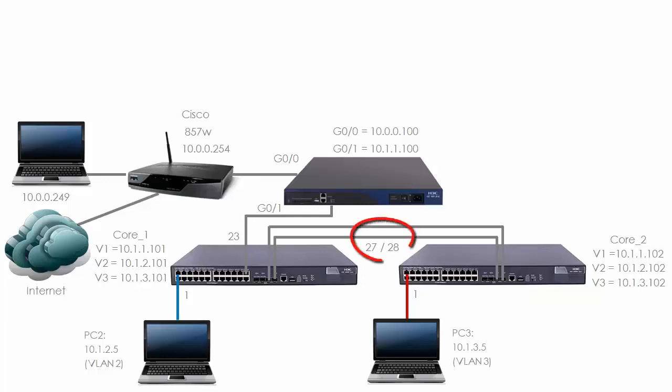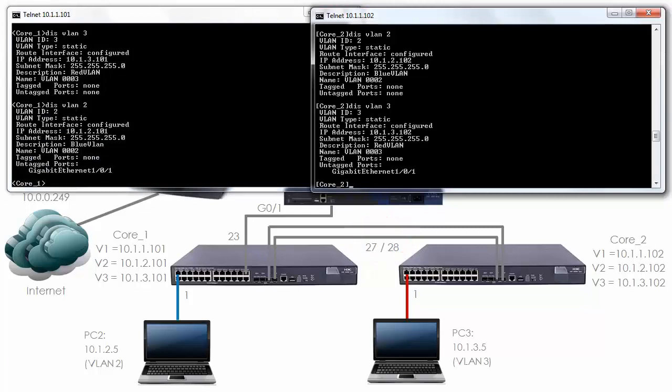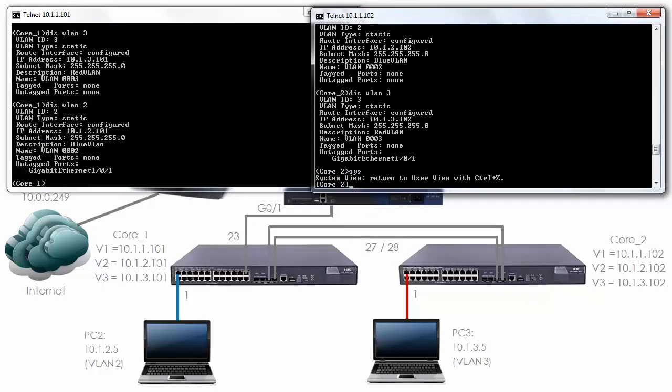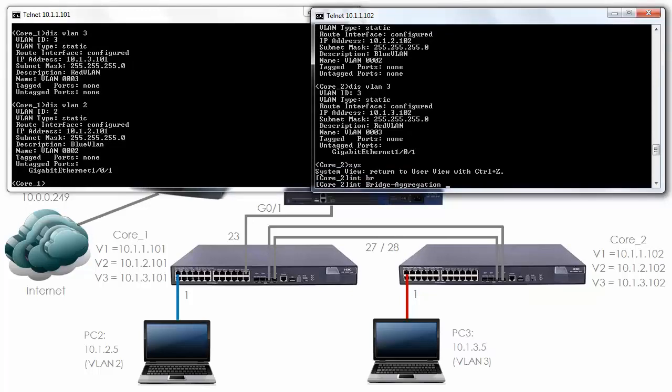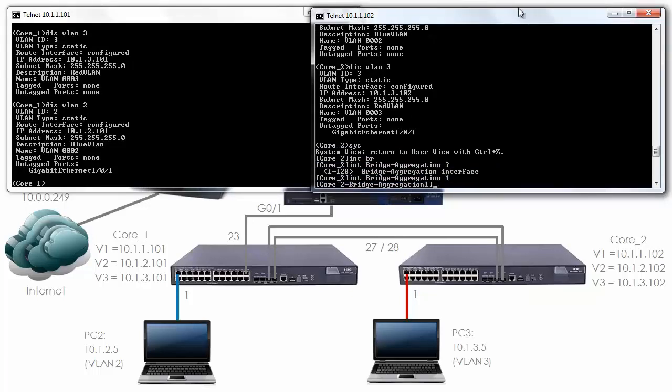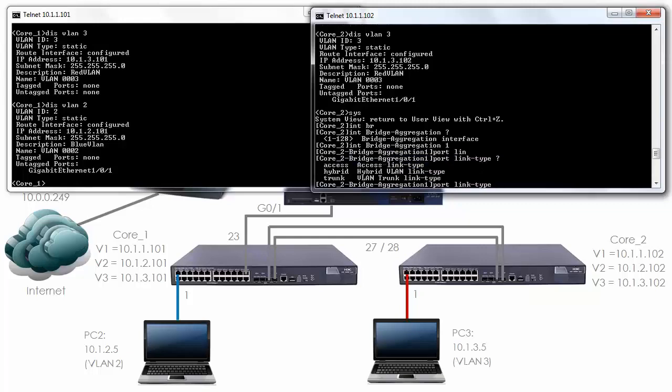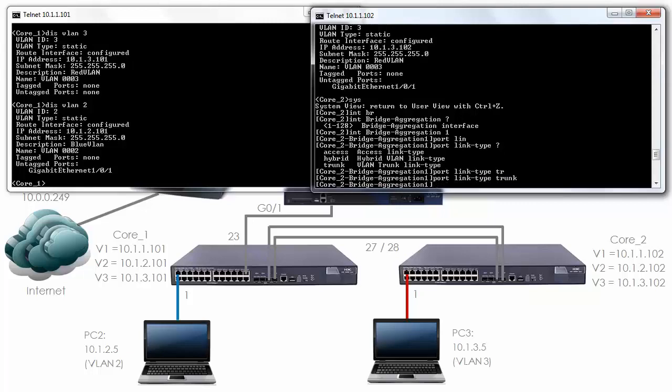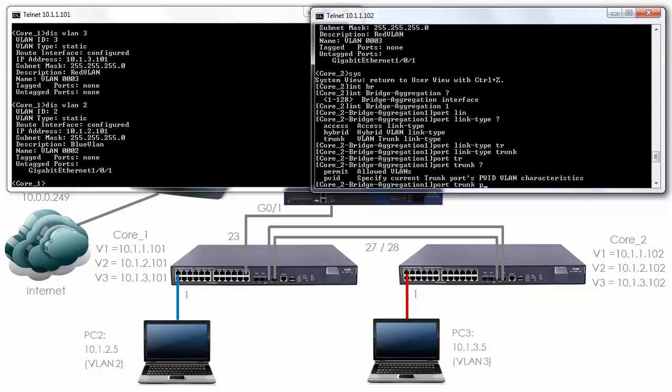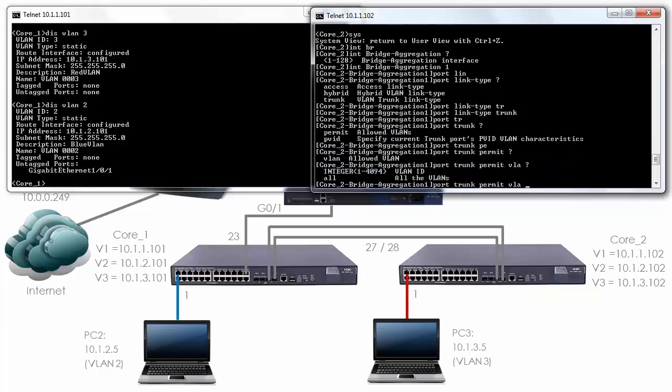We'll have to allow tagged VLANs across that bridge aggregation. So let's fix it while we're here. So system view, interface bridge aggregation 1. Now in this case we have to set up a trunk. So port link-type trunk, port trunk permit VLAN, and in this case I'm going to permit VLAN 1 and VLAN 2 and VLAN 3.